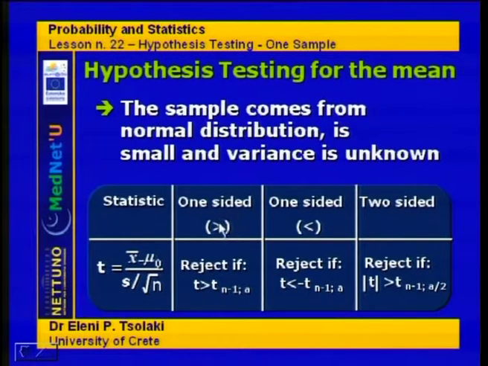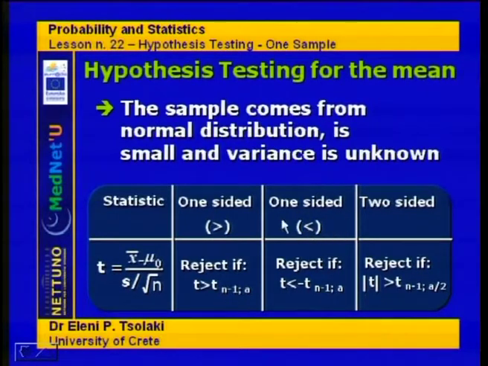So for one-sided, again, the three different cases as we have seen before. For one-sided testing, if mu is greater than the value we have, we reject the null hypothesis if our test statistic is greater than the value of the distribution with n minus 1 degrees of freedom. We remind here that the t-distribution has some degrees of freedom.